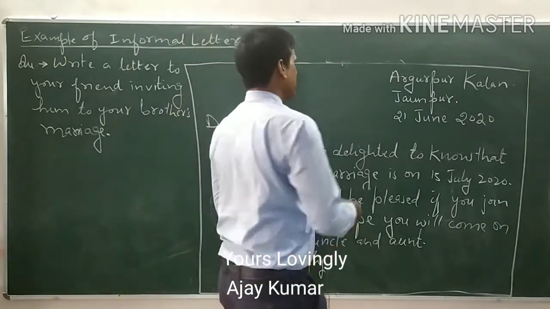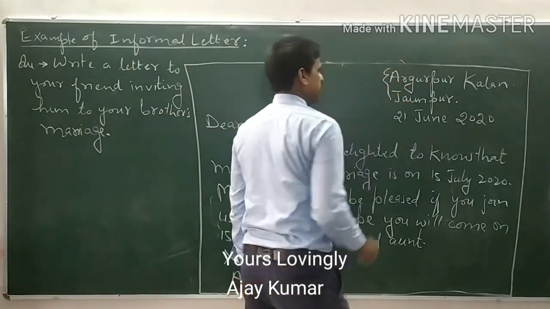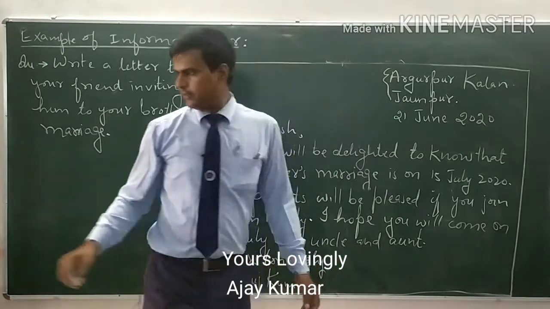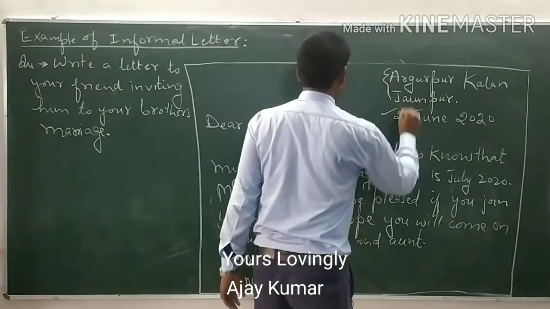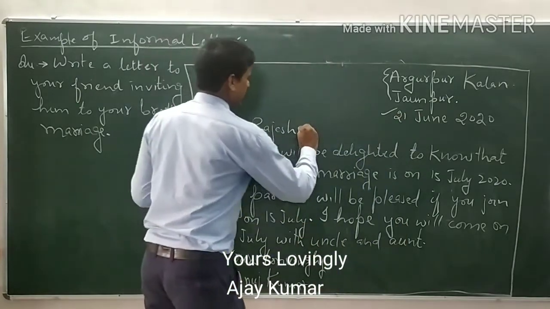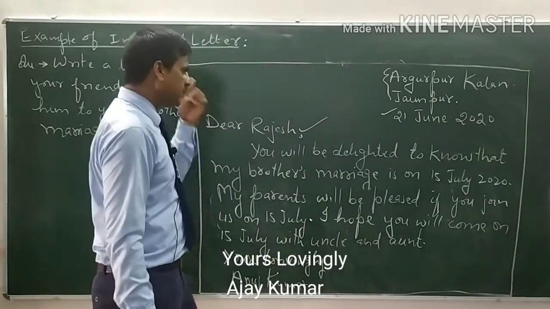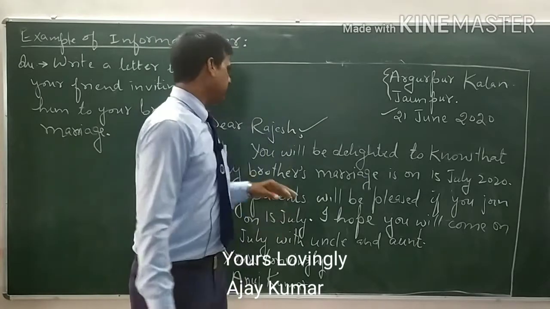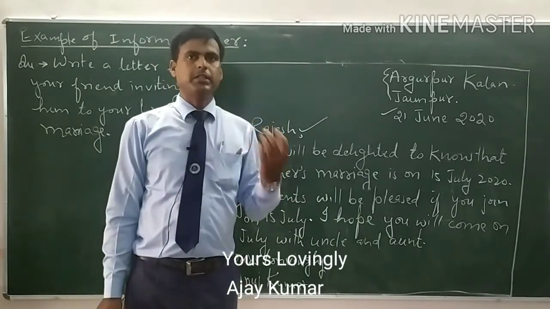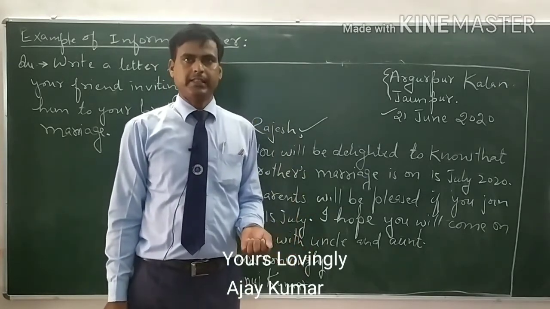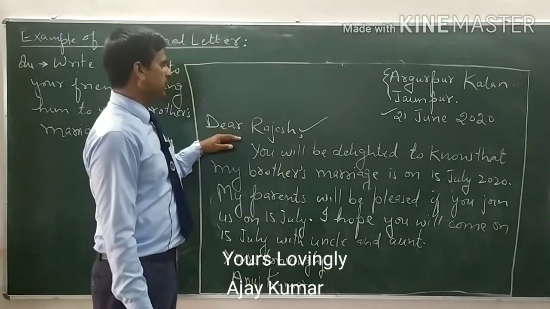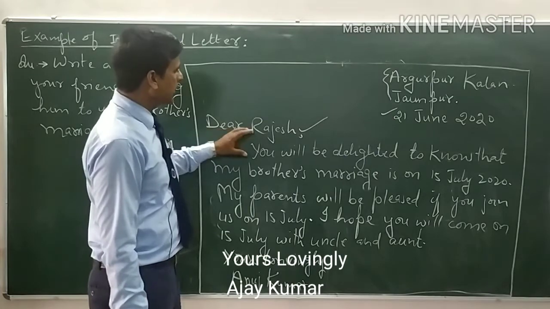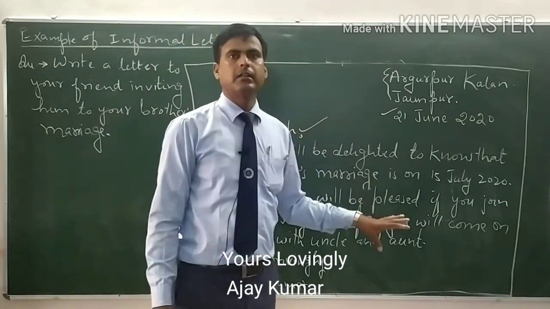First of all, you will write the address, then you will write the date. After the date you will write the salutation. In salutation, in an informal letter we can write dear Rajesh, dear brother, dear sister, etc. And after writing the salutation, we will start writing the content.